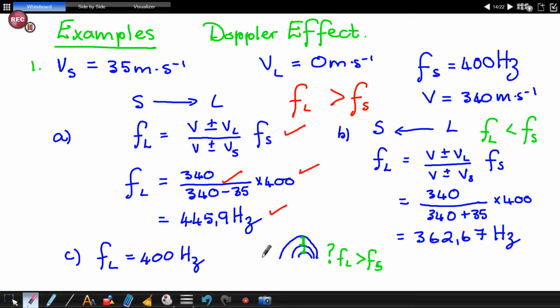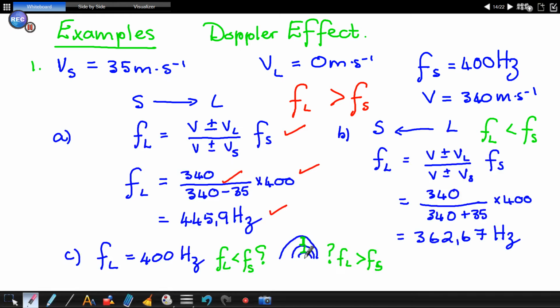When he's standing behind the moving object, there the waves are stretched out, so the frequency observed by the listener is less than the frequency emitted by the source.